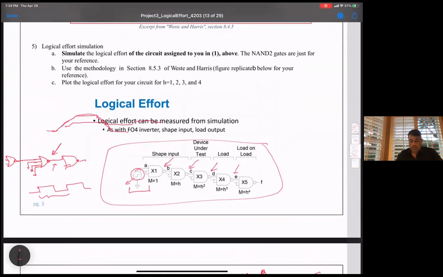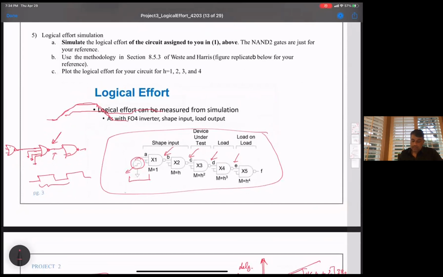And we're trying to compare that to what our simulation tool will actually give us. So what we do is we set it up. This is an example for a 2-input NAND gate. You want to drive only one input of the gate after you, so you have to figure out what to do with your other input.